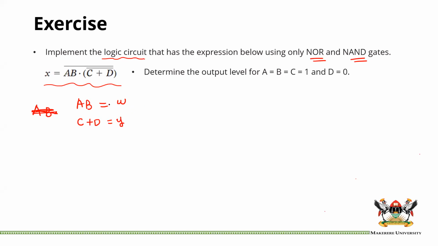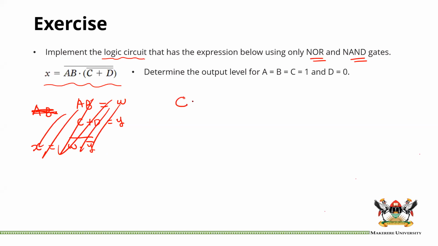And so we would have our X equal to AB, which is W, and Y. We have that, and then we have that on top. But does that really help us towards where we want to go? No, it does not really help us.